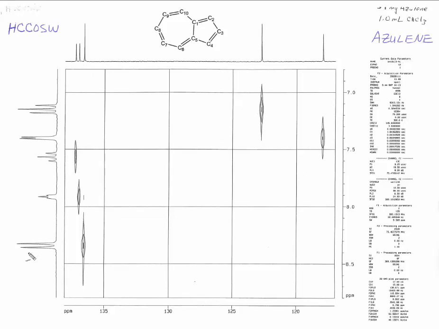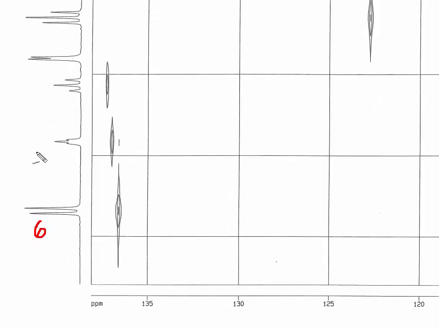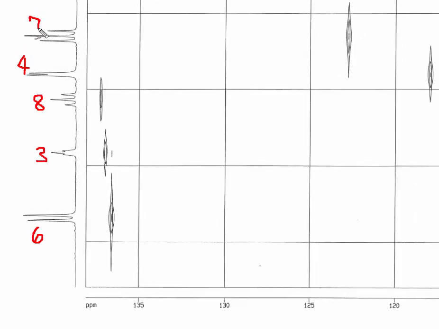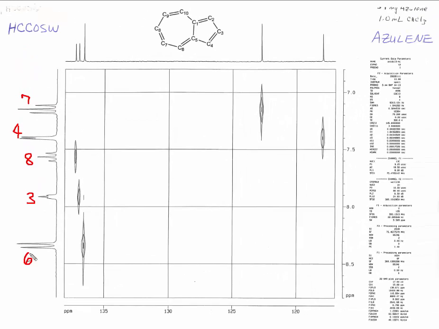First step would be to remind us of what each of these was. This was the 6, right? This was the 3, this was the 8, this was the 4. I'll just pick one, even if it's a pair, just so we know which one to go on. So this was 6, 3, 8, 4, 7.